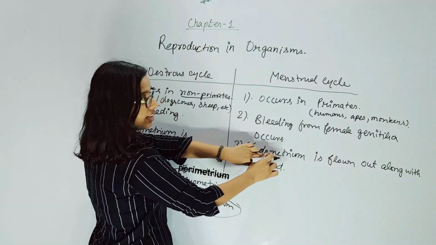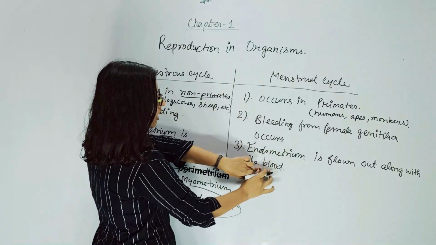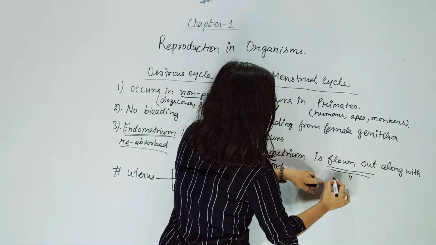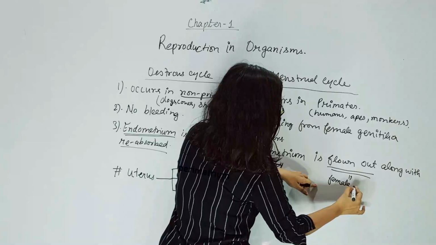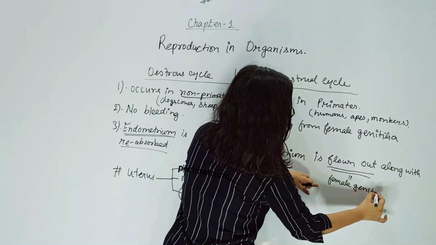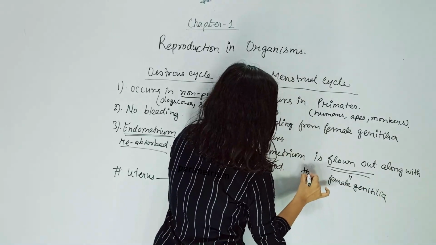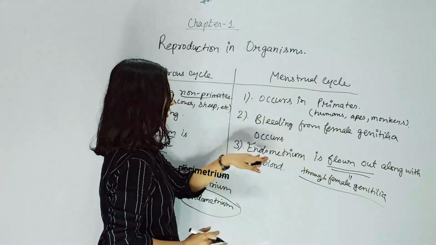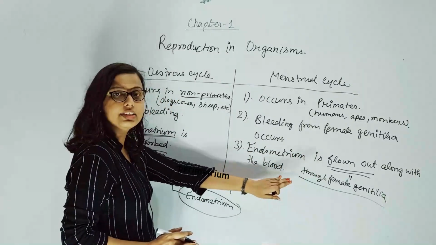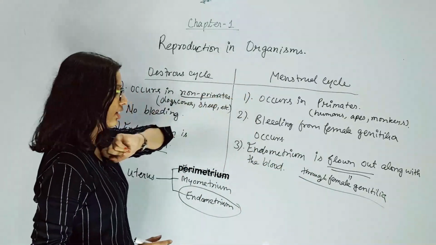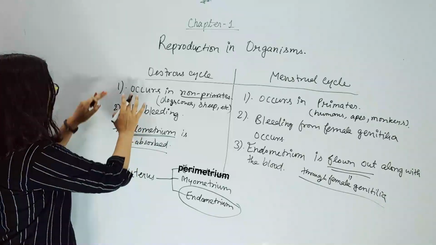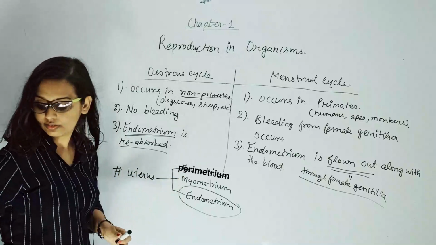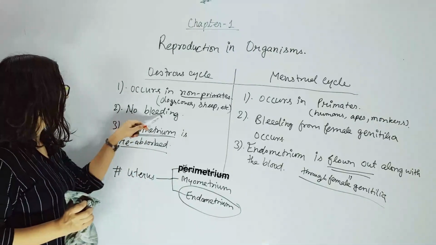The endometrium gets broken down and comes into the blood, and then it is flown out through the female genitalia. This endometrium is flown out through the female genitalia in case of the menstrual cycle, whereas the endometrium in case of the Estrus cycle gets reabsorbed. It is not flown out because there is no bleeding.